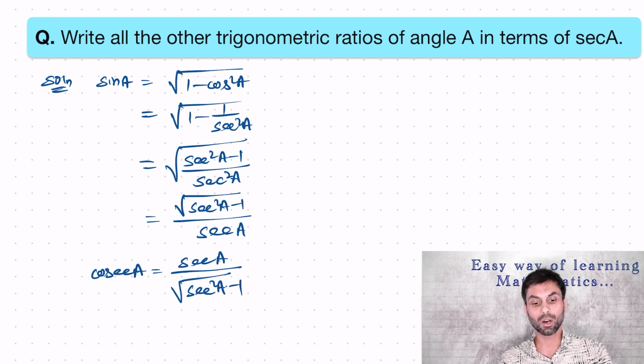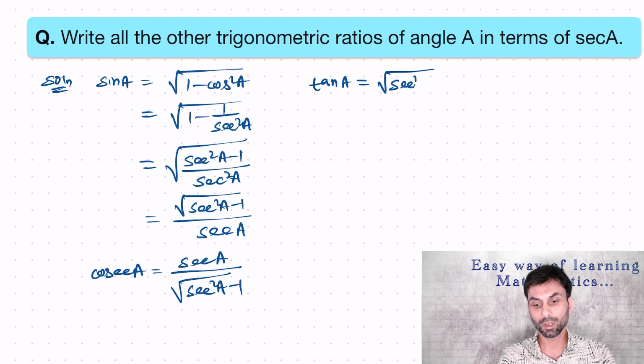Next, let's talk about how we can write tan and cot in terms of sec A. If we take tan A, we know that it will be square root of sec square A minus 1 from the identity we have learned.